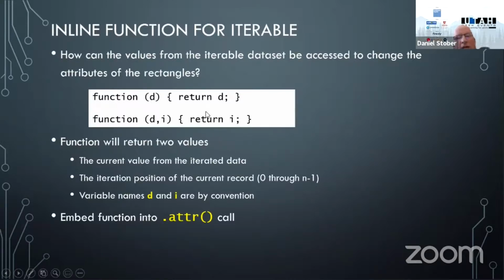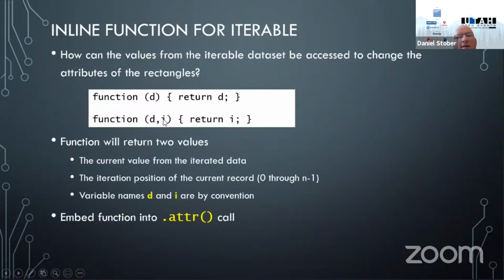And we'll talk about what each one of them does here, but essentially, if you just go function D with one parameter and you return that, then it will return the value from the data set for each iteration. So for example, the first one was 106. So the first time through, this function D would return 106. The second time, I think it was 71, it would return 71.